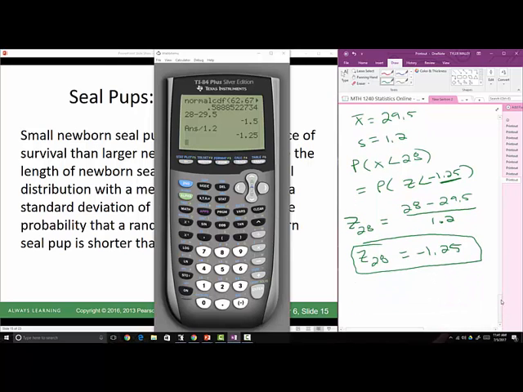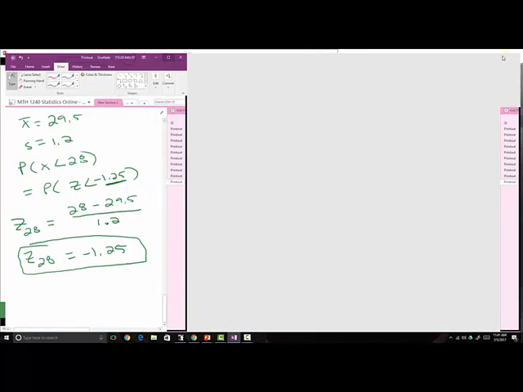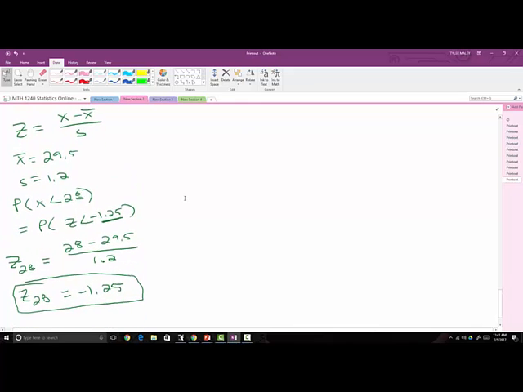And if you are a more visual person, if you want to visualize this, let me make the OneNote larger so I can draw this a little better. Basically what's going on is we have a normal distribution.